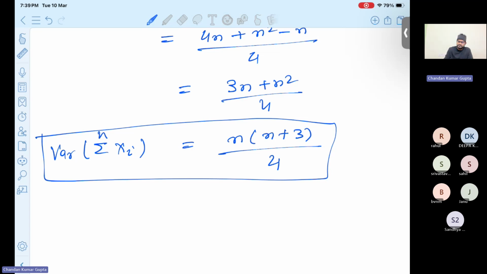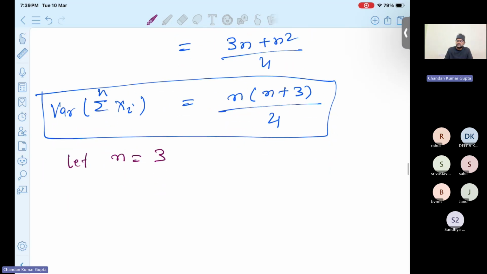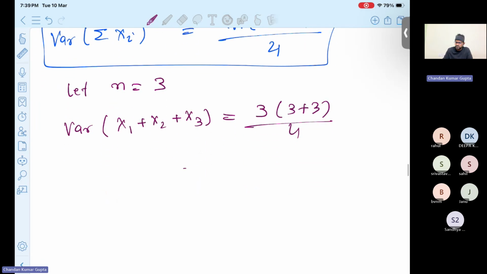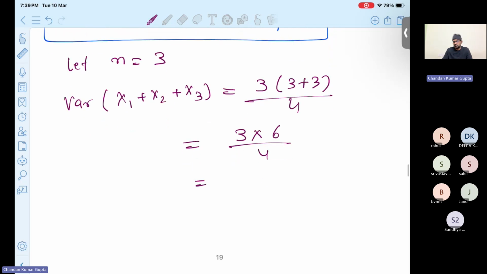What if I take n equal to 3? Then in that situation, the variance of x1 plus x2 plus x3 comes out to be 3 times 3 plus 3 divided by 4. So 3 into 6 upon 4, which is 9 by 2, or 4.5.